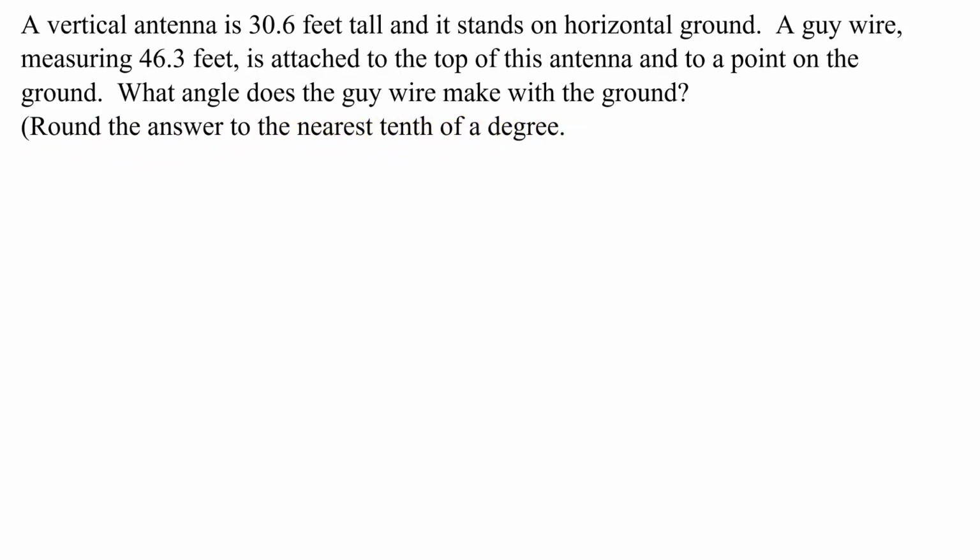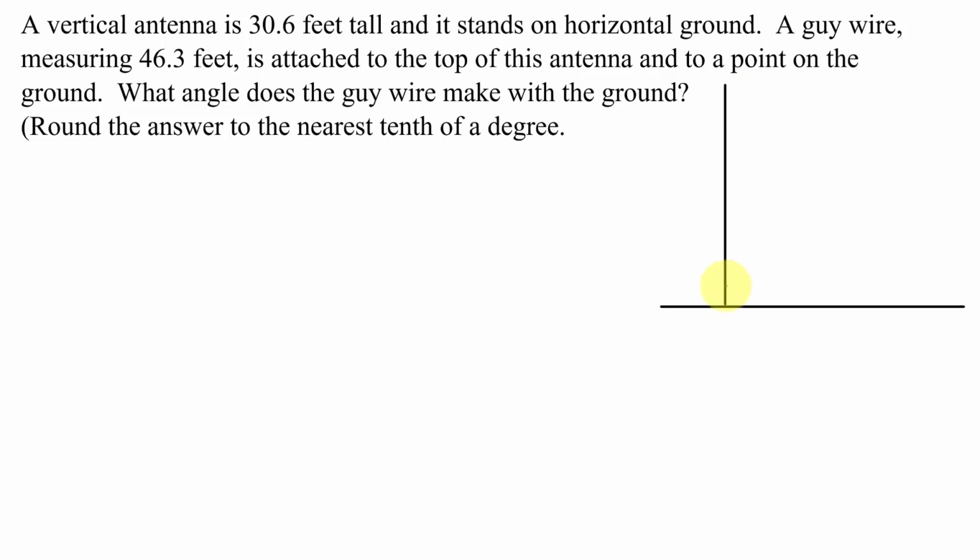Well, in application problems like this, the first thing I need to do is draw a picture. I have a vertical antenna. There is my vertical antenna, and it stands on horizontal ground. There's my horizontal ground. Now, as the antenna is vertical, the ground is horizontal.